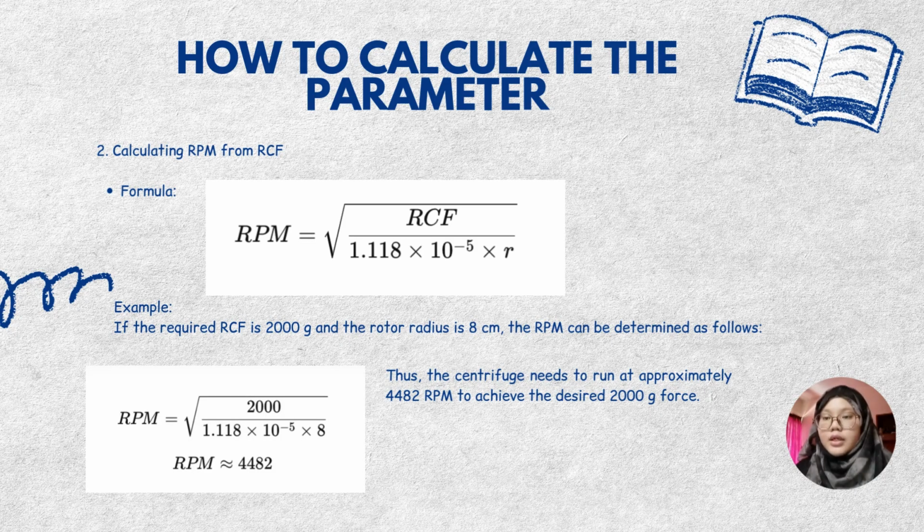RPM equals the square root of 2000 over 1.118 times 10 to the power of negative 5 times 8. The answer is approximately 4482. Thus, the centrifuge needs to run at approximately 4482 RPM to achieve the desired 2000 g force.